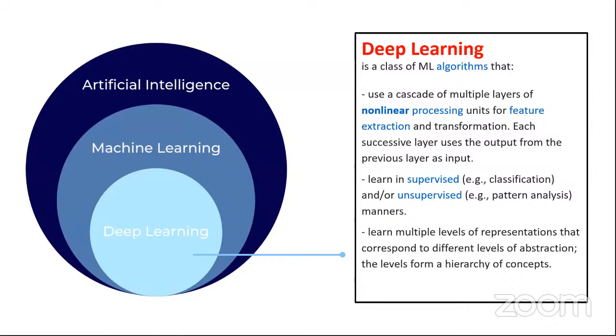When the hidden layers are more and the learning is so deep, we call that learning scheme deep learning. It is a class of ML algorithm where multiple layers of nonlinear processing units extract features and transform them. It can be used for supervised or unsupervised learning.